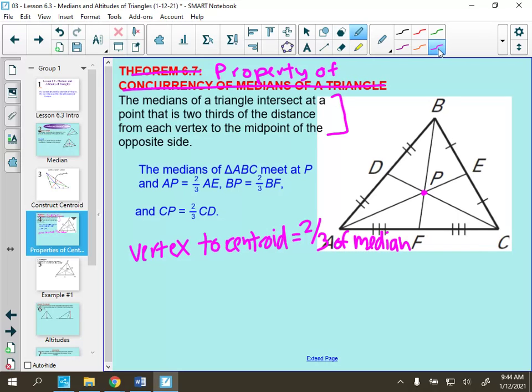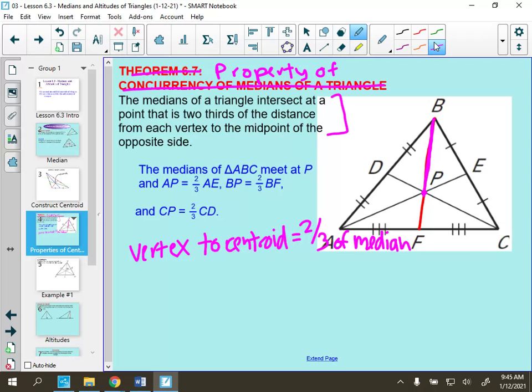Okay, so if we're talking about this median right here, let's highlight this one, median BF, 2/3 of that length are from vertex to centroid. So that's highlighted in pink there.